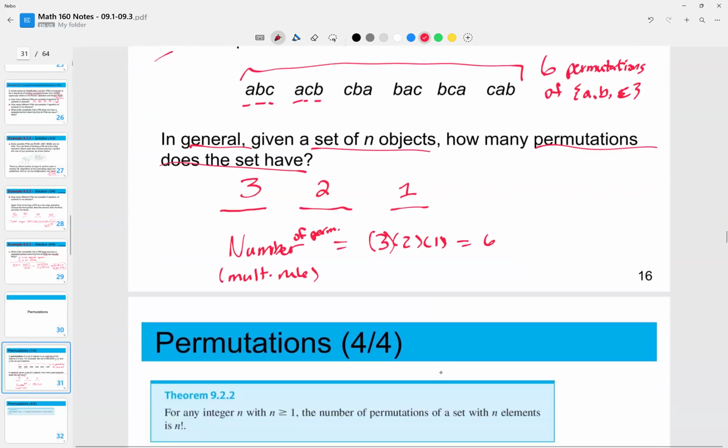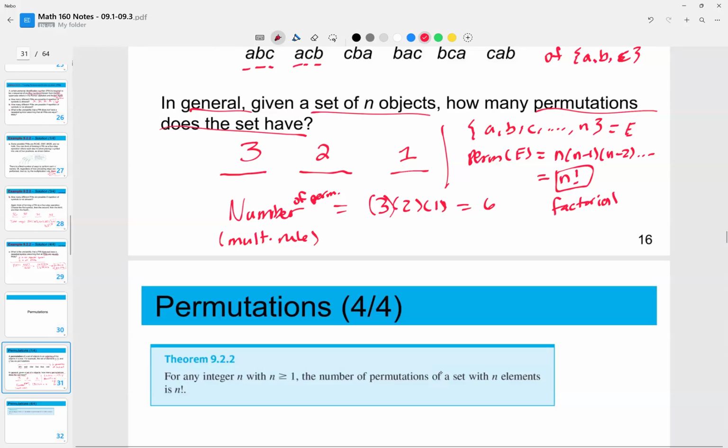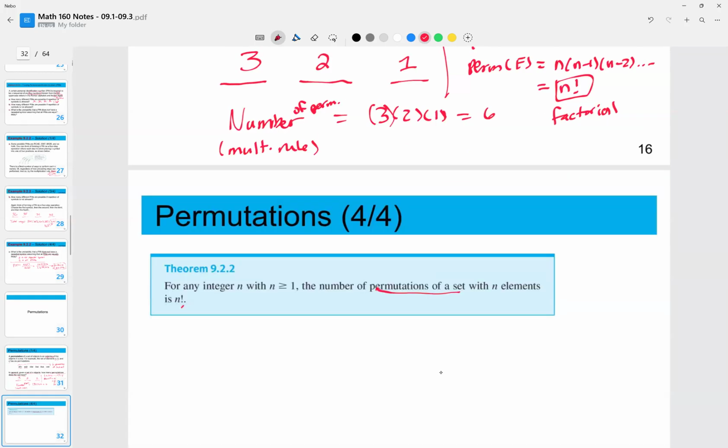Now, this comes up so much that if we have a set of n things like A, B, C, dot, dot, dot, up to n things, and call that E here, and I want to know the permutations on E, well, I would have n choices for the first box, and then n minus 1 choices for the second box, and n minus 2, and so on. Anyways, this has a symbol attached to it. This is called n factorial. And that's what this box here says: the permutations of a set with n elements is n factorial, okay?